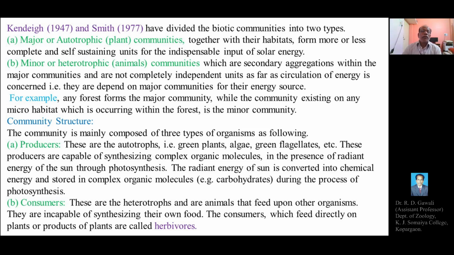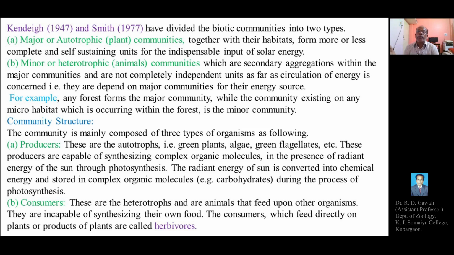Then the second type of organisms which are also occurring in the community. First one is producer, second is consumer. So consumers are the heterotrophs. The consumers are the heterotrophs and are animals that feed upon other organisms, and they are incapable of synthesizing their own food.